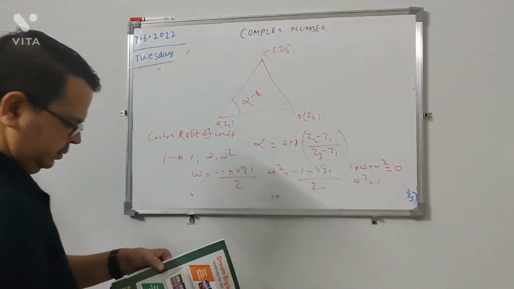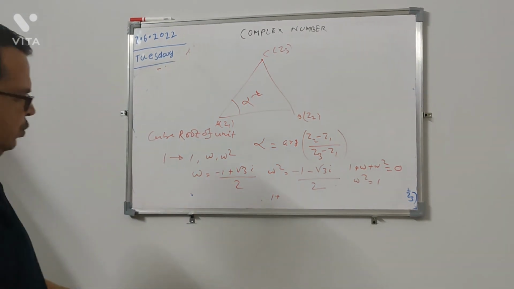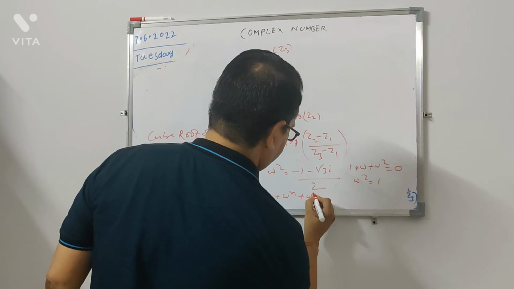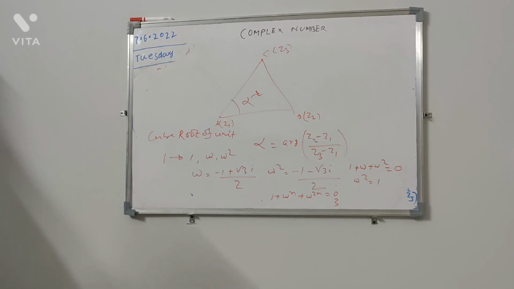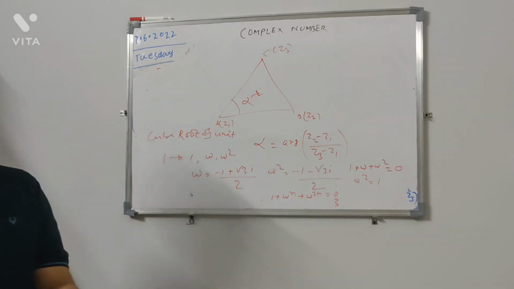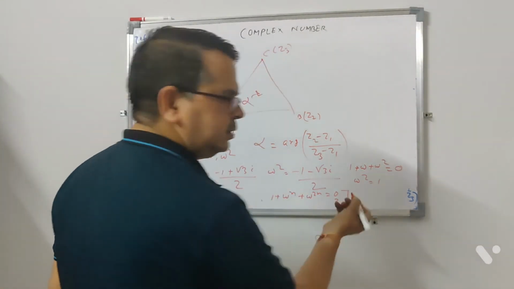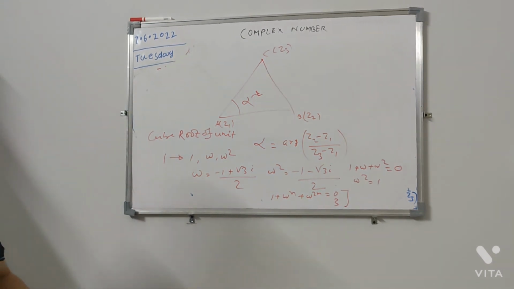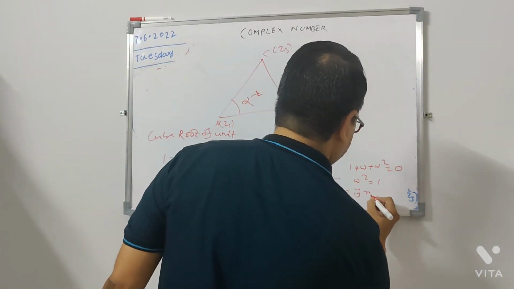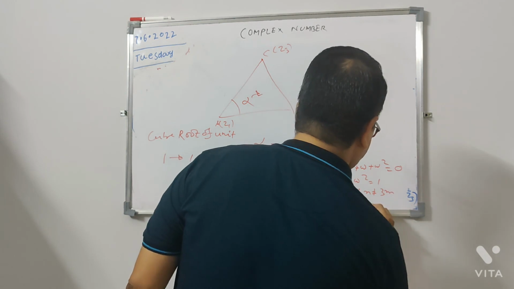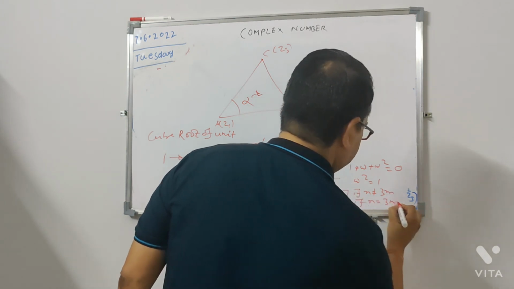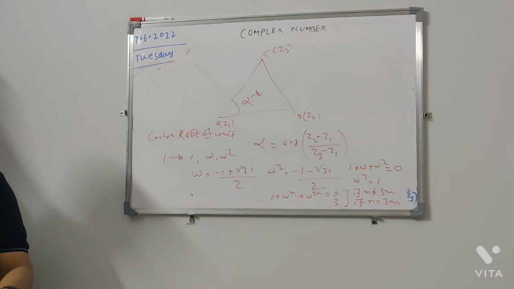It will be 0 if n is not equal to 3m, and it will be 3 if n is equal to 3m. So these are some properties of cube roots of unity.